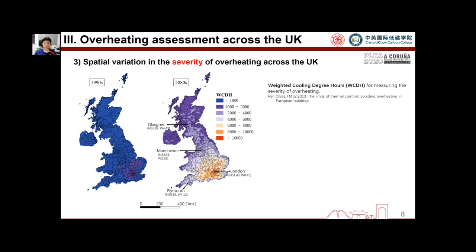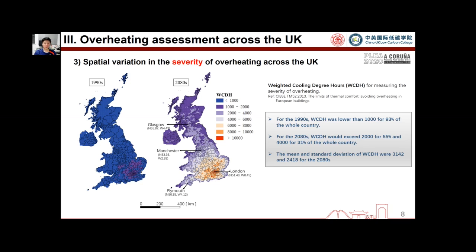Lastly, I would like to show the severity of overheating across the UK. I use the weighted cooling degree hours to measure the severity of overheating. As you can see, in the 1990s, the weighted cooling degree hours was lower than 1,093 for the whole country.